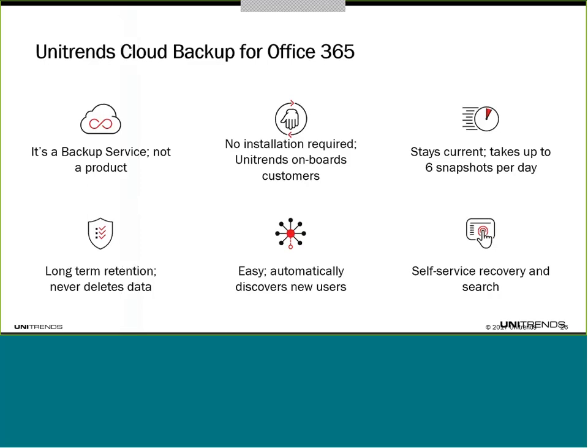Lost emails can be restored in a few clicks. You have unlimited retention. We don't limit you to gigs or any number of emails. It's secure, it encrypts the data, and it's priced very simply per user, per month. It can even automatically detect new users that are added to the service and add them to the coverage so that you don't have to go in and do that yourself.